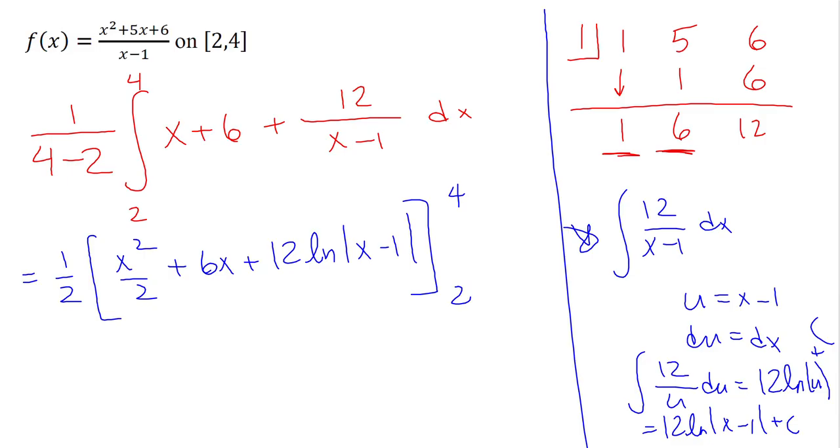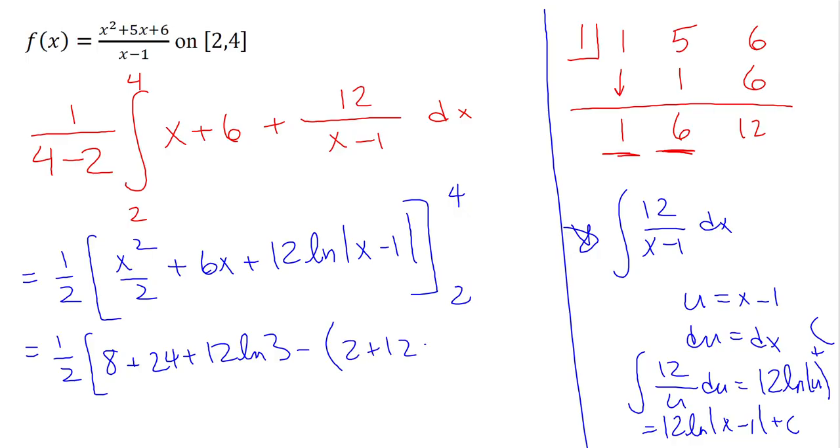And now we should just be able to simplify this down. It's 1/2. When we plug in 4 squared is 16, divided by 2 is 8. So we have 8 plus 24 plus 12 natural log 3. And then minus, when we plug in 2, it's 2 plus 12 plus 12 natural log 1. Well, we know that the natural log of 1 is just 0, so we can get rid of that.